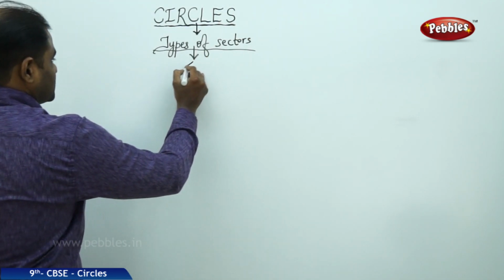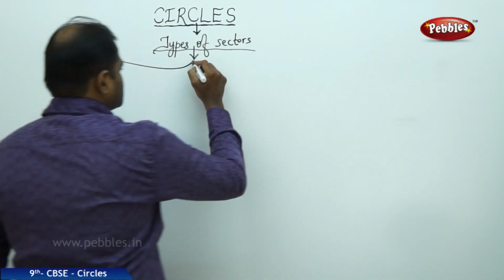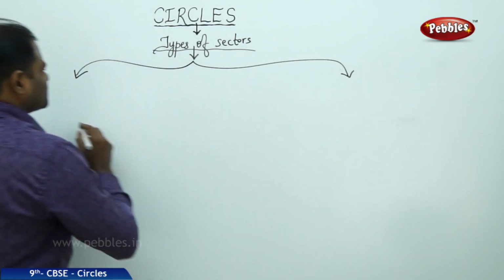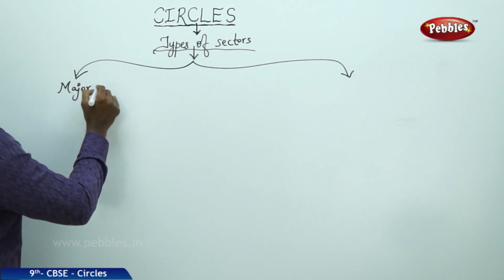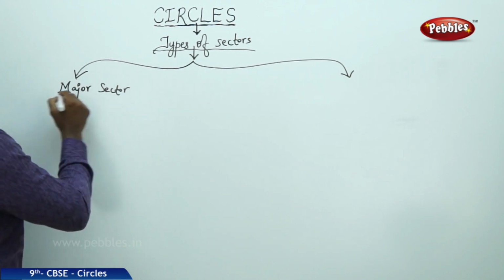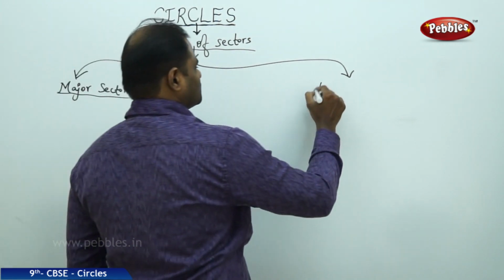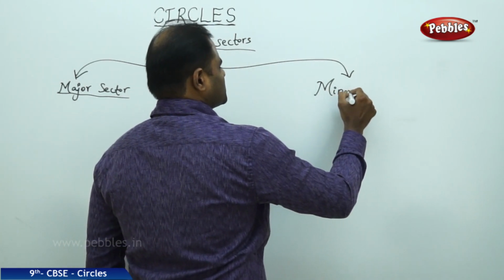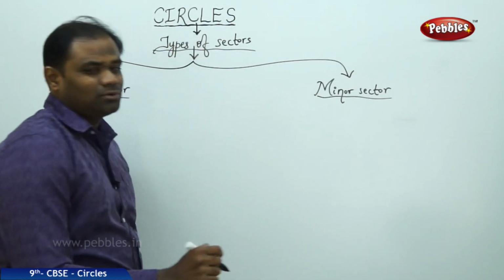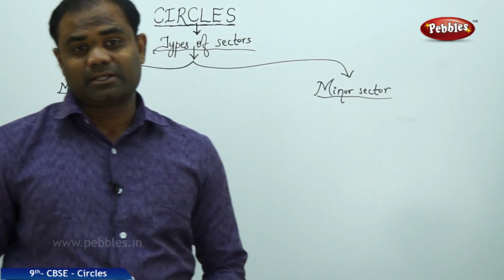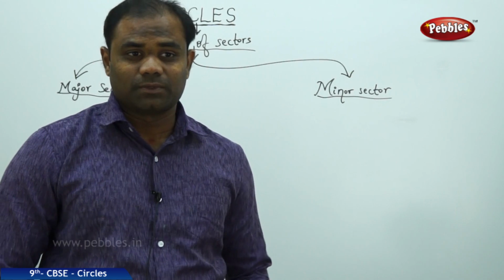So the sectors are classified into two types. One is major sector and the other is minor sector. So how do we define major and minor sectors is the biggest question out here.